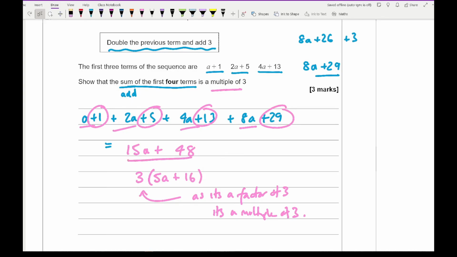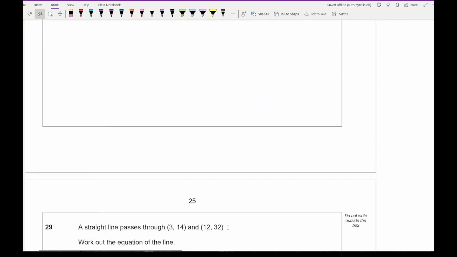You could also say that 15a is a multiple of 3, as 15 is. And you could also say that 48 is a multiple of 3, and a multiple of 3 plus a multiple of 3 gives you an answer that is a multiple of 3. So something along those lines would be absolutely fine for those 3 marks.